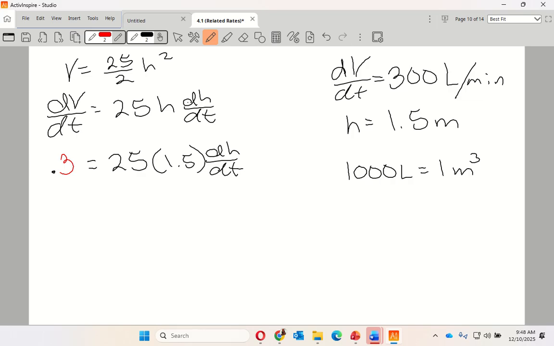So 3 over 2 times 25 is 75 over 2. Isn't 0.3 the same as 3 over 10? I want to divide by 75 over 2, so multiply by the reciprocal. So my dh/dt is going to be 3 over 10 times 2 over 75.